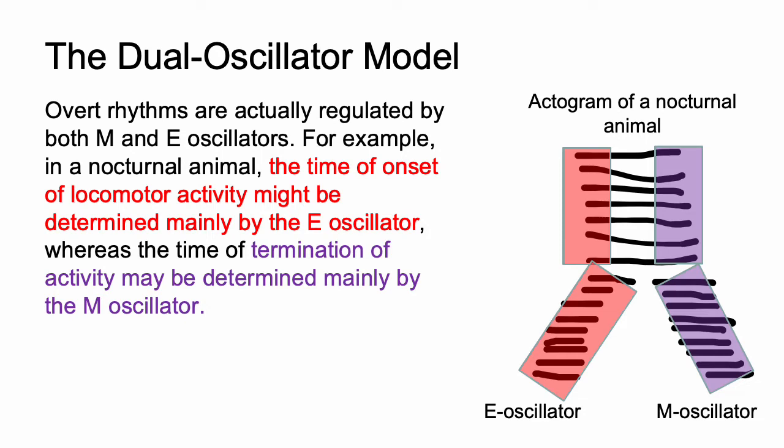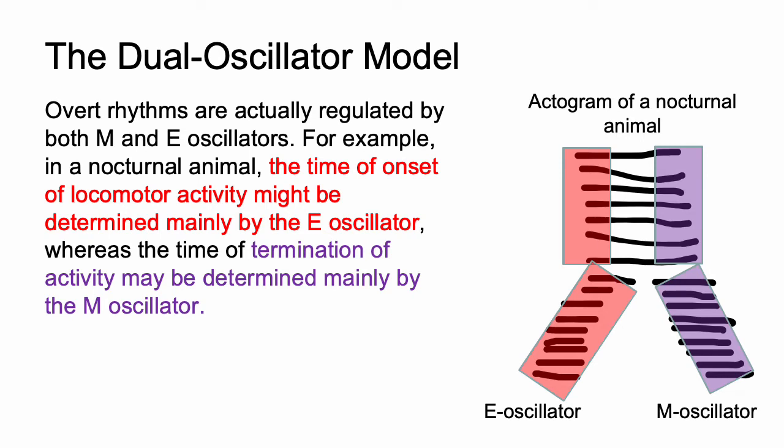So overt rhythms are actually regulated by both the M and the E oscillators together. For example, in this nocturnal animal, the time of onset of activity is determined by the E oscillator, which I've highlighted in red here. So its position, its phase angle, determines when the animal wakes up and becomes active, whereas the termination of that activity is not determined by the E oscillator, but by the M oscillator.